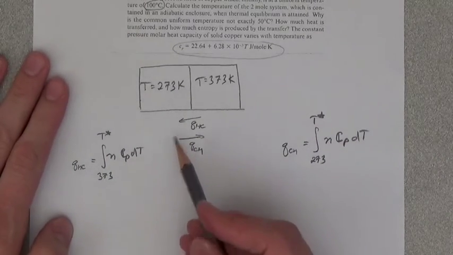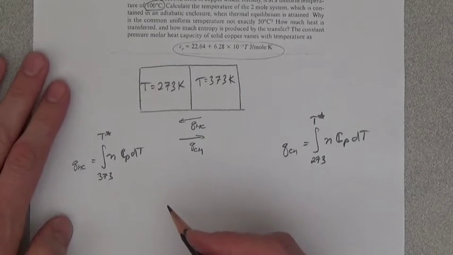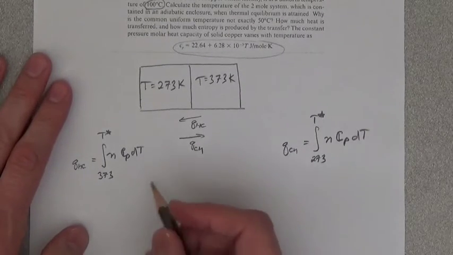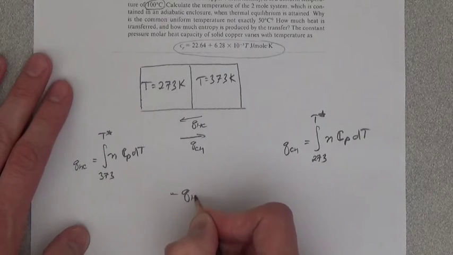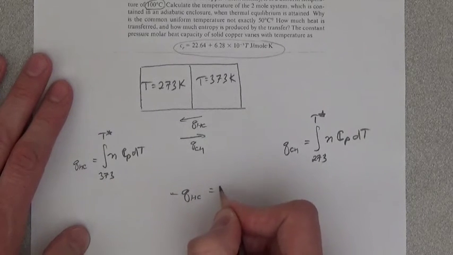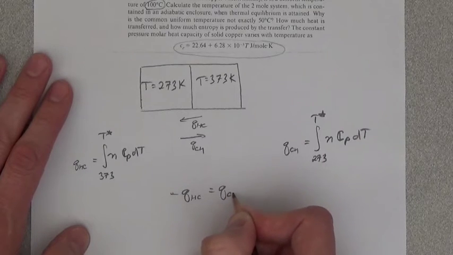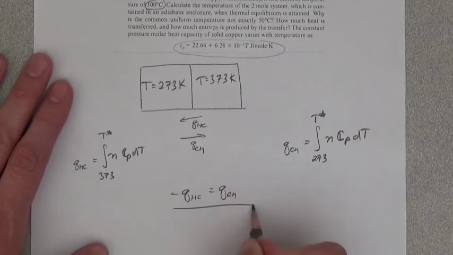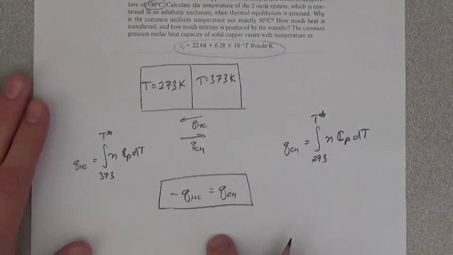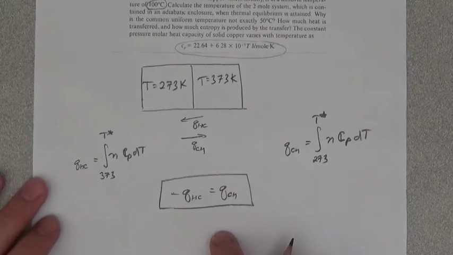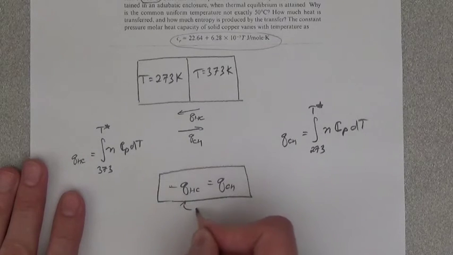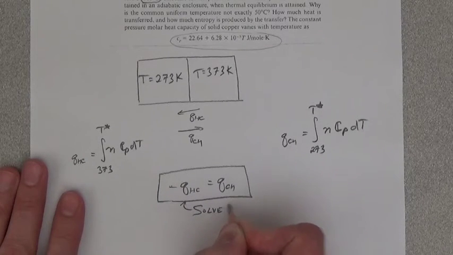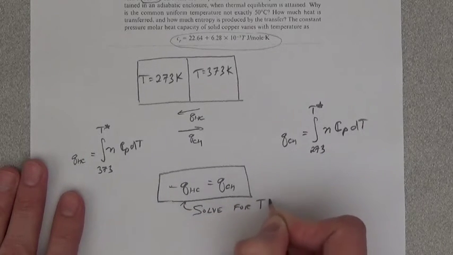And because energy has to be conserved and no work is being done, we have negative QHC is equal to QCH. And if we set these two equal to each other, we can solve for T star.